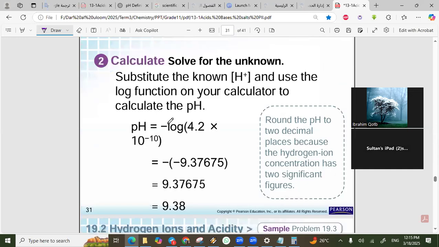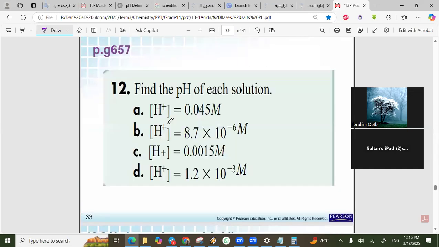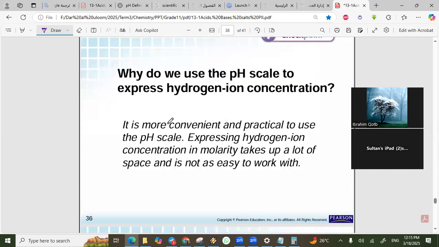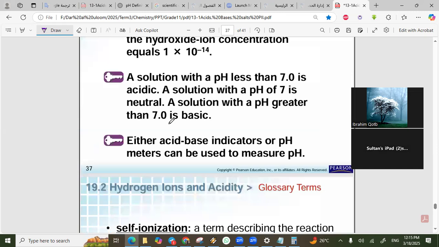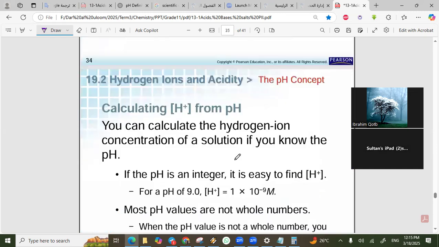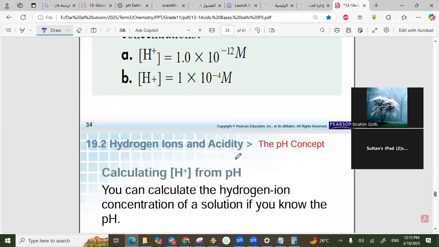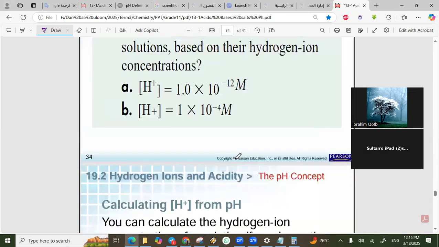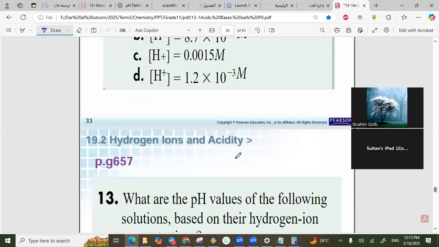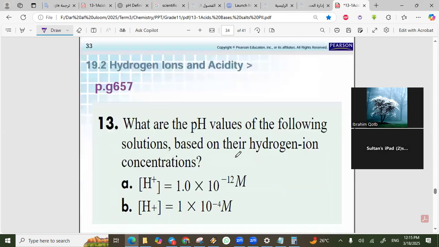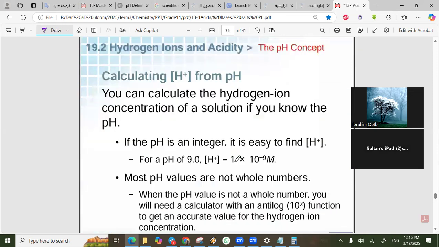Finally, I'd like to tell you that if you have the pH and you want to calculate the hydrogen ion concentration, just do something called anti-log. What is anti-log?